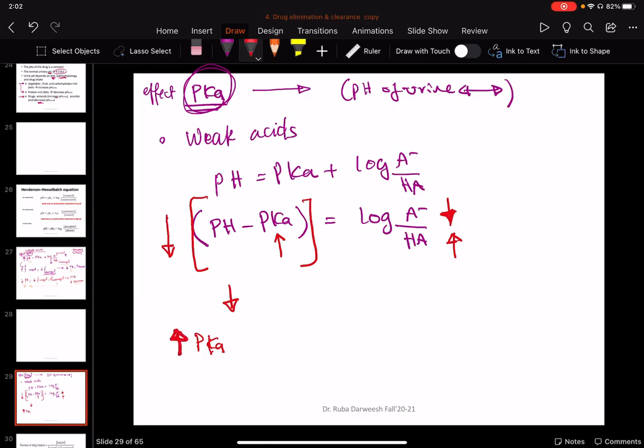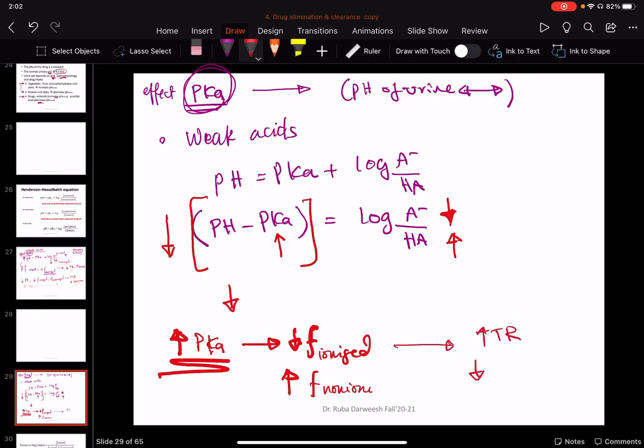If you are comparing two drugs, and one has a higher pKa than the other, the fraction of the ionized is decreasing and the non-ionized is increasing, which means more tubular reabsorption and less excretion. And again, the opposite if the pKa of the drug is decreased.